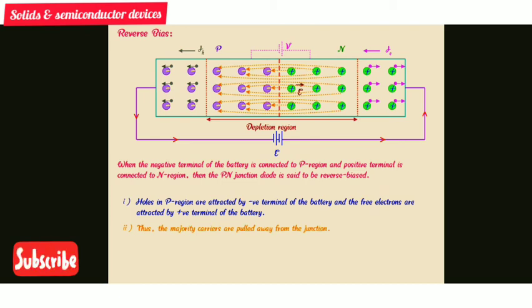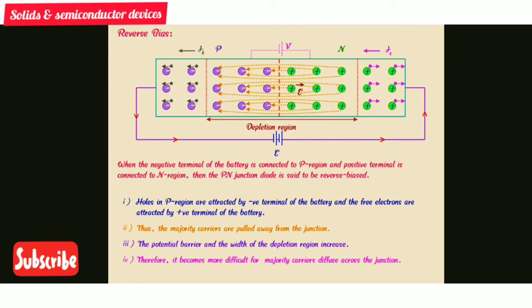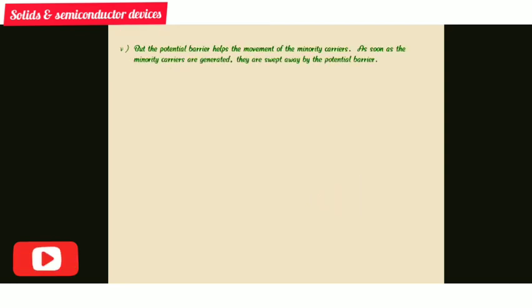Thus, the majority carriers are pulled away from the junction. The potential barrier and the width of the depletion region increase. Therefore, it becomes more difficult for majority carriers to diffuse across the junction. But the potential barrier helps the movement of the minority carriers.